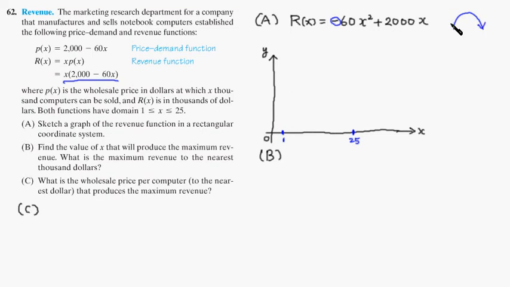Right? And also from this factored form, the x-intercepts: 0 is one of them. And for the other one, set 2000 minus 60x equal to 0. So it's 2000 over 60, which is 100 over 3, about 33.3333.